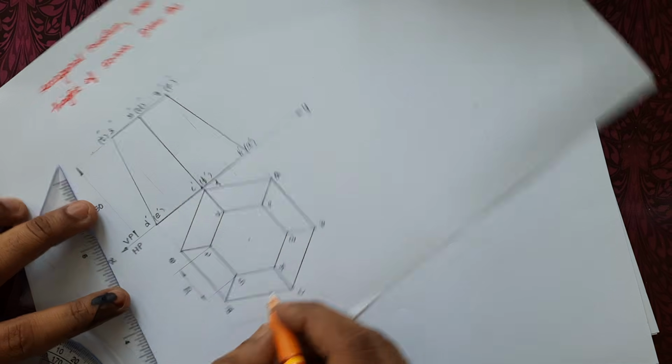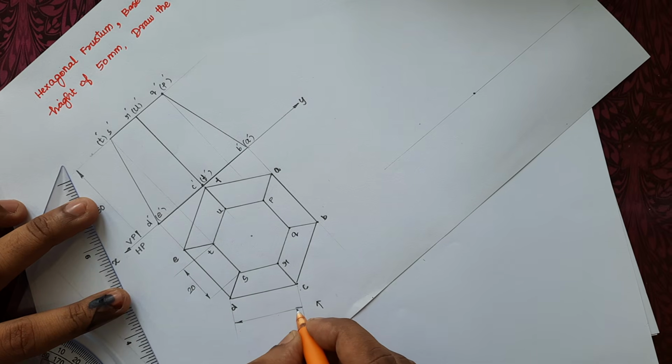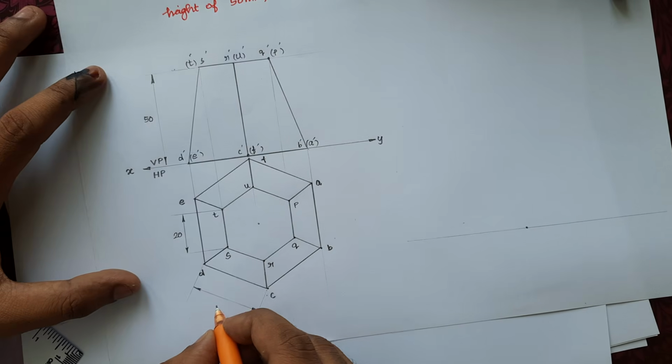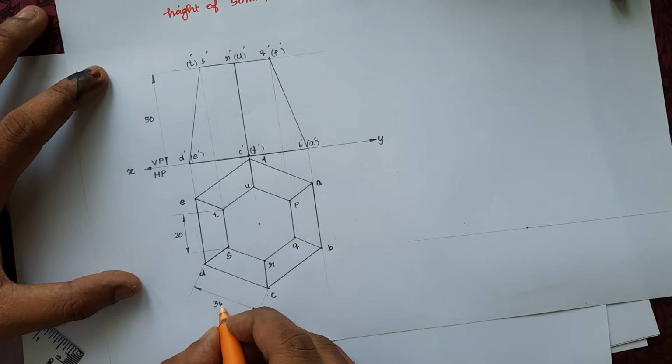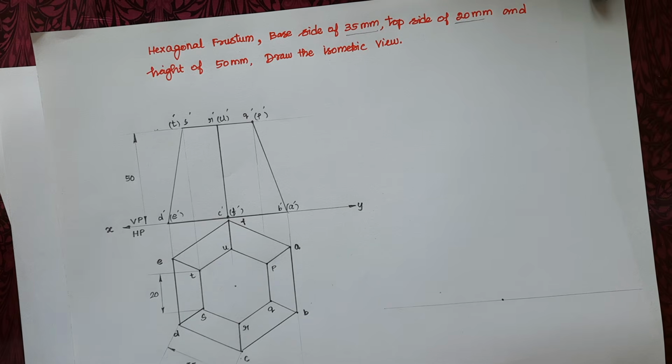This is 20 and this one is 35. That's it. The front view and top view of the hexagonal frustum is over.